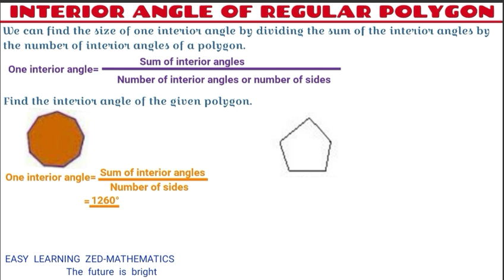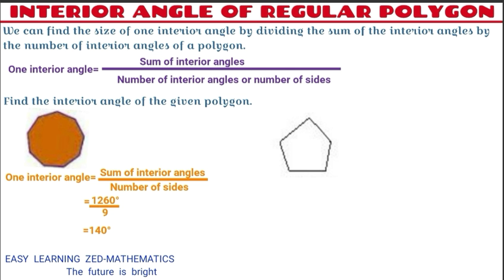If you count them, you get 9 sides. So 1260 divided by 9 will give us 140 degrees. So each interior angle of this regular polygon is equal to 140 degrees.